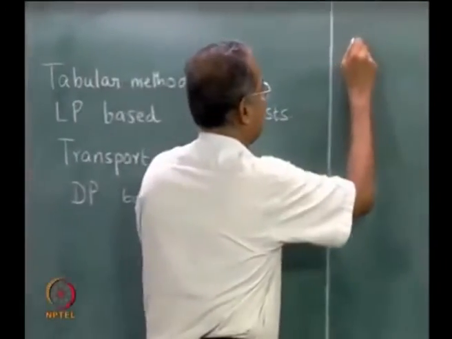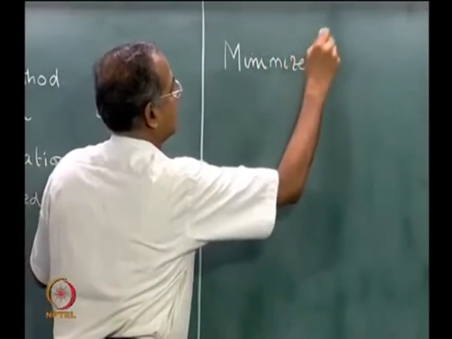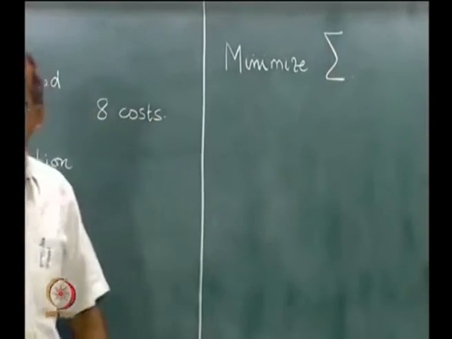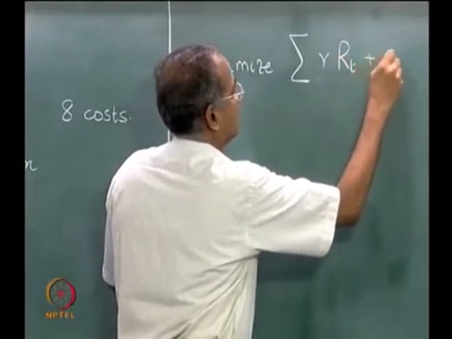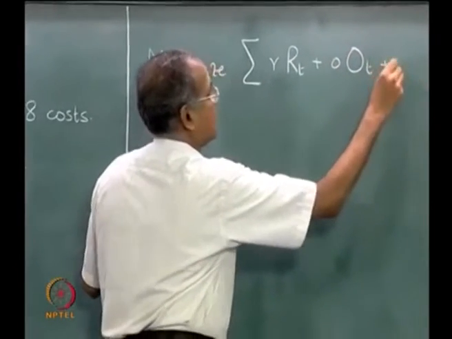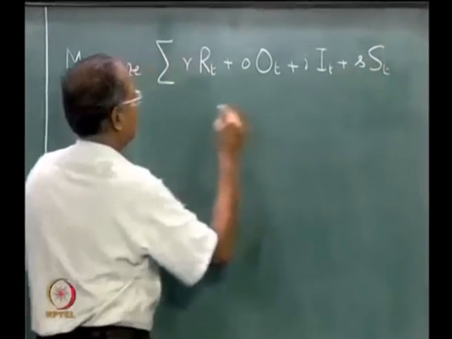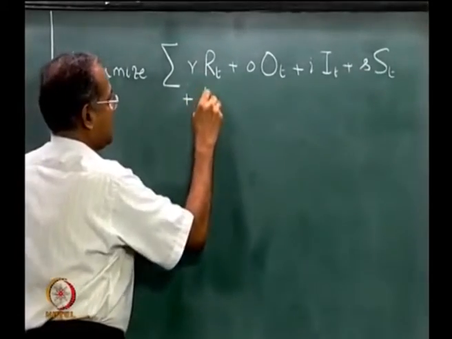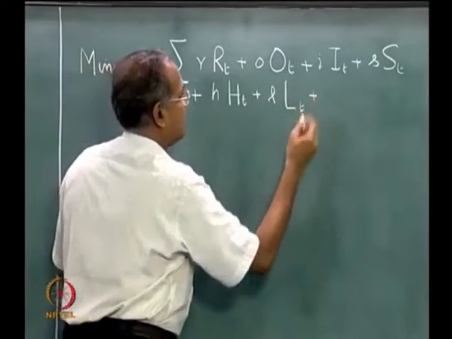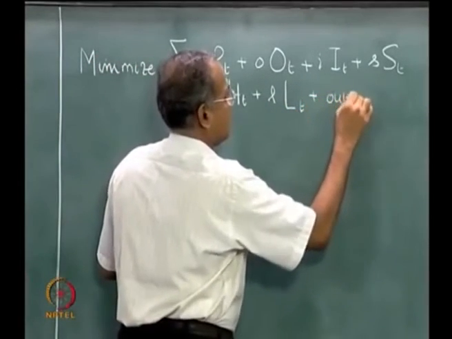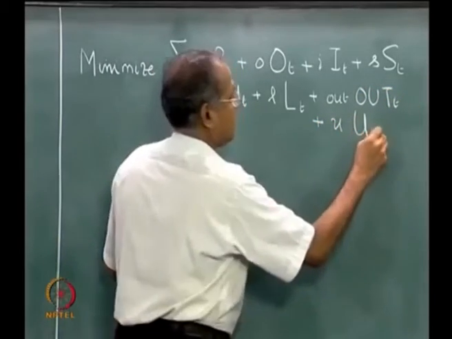So in the linear programming formulation, the objective was to minimize the sum of, we used a certain notation, we used r into RT plus o into OT plus i into IT plus s into ST plus h into HT plus l into LT plus out into outsource of T plus u into UT.